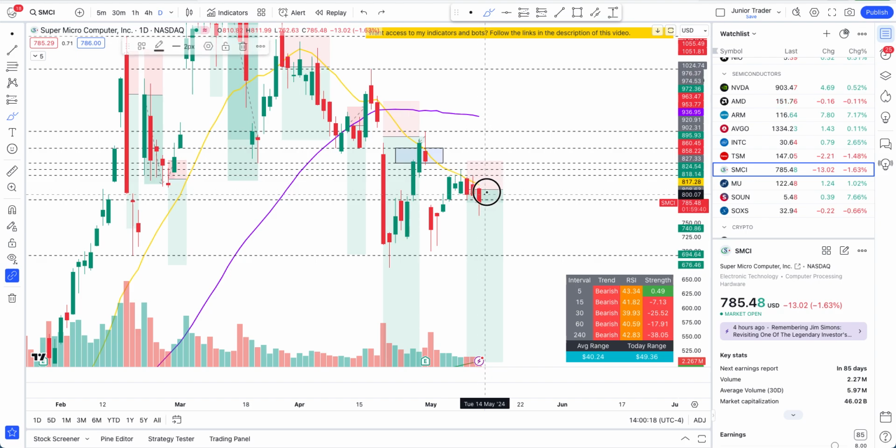If I see a green candle like this, I would think, okay, this is turning into a pivot with a higher low, and then with a break above 833, the structure is shifting, and it will be more likely that it has more room to go up. Yes, that will be the structural shift if SMCI tomorrow or somewhere gets above $833. But until that happens, I'm comfortable playing this short play, and I'm going to continue to hold.